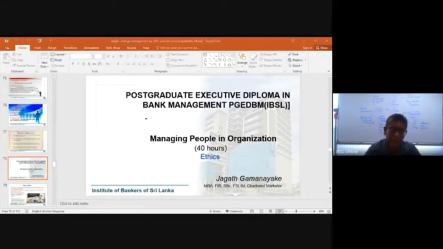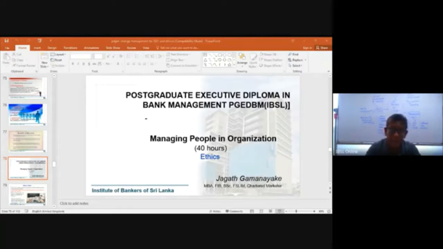Creative accounting. Then misleading advertising. Right now, a lot of bankers advertise by showing high benefits and high interest rates, which is misleading advertising.